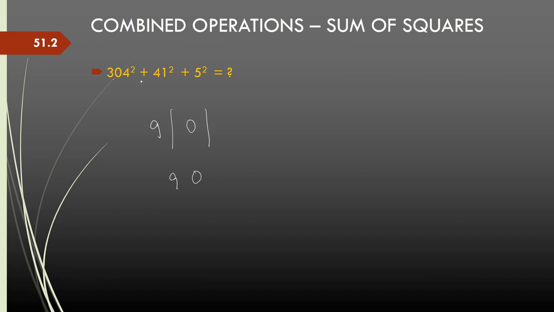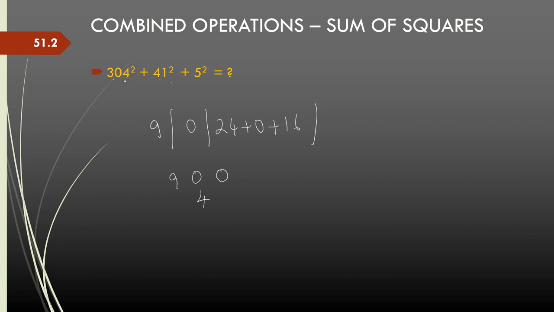Then here these two get added, so this is 2 times 3 times 4 plus 0 square. So 2 times 3 times 4 is 24, plus 0 square is 0, plus 4 square is 16. So that is 40.